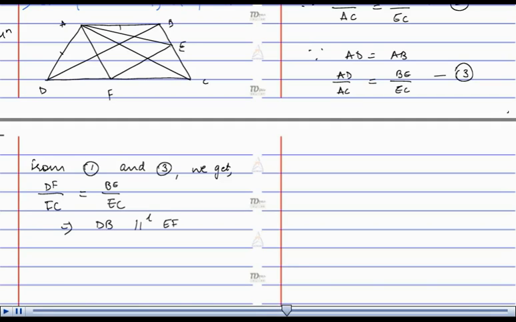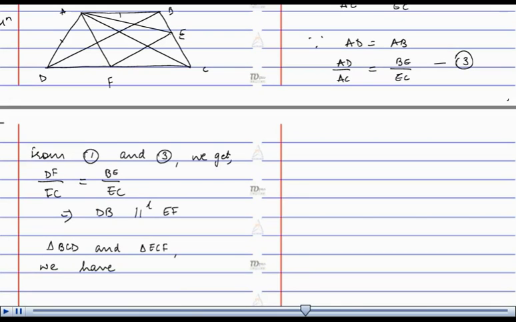Now taking triangles BCD and triangle ECF, we have angle BCD is equal to angle ECF since both are common, and angle CBD is equal to angle CEF since they are the corresponding angles of the parallel lines EF and BD.